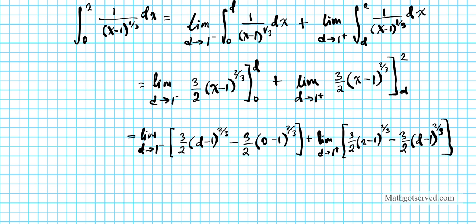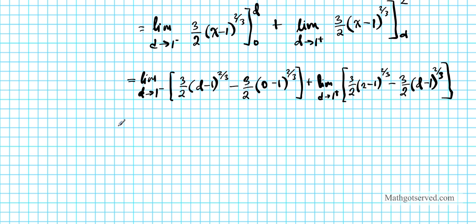All right, now let's go ahead and simplify a little bit, and then we're going to evaluate the limit, okay? So we have the limit as d approaches 1 from the left of 3 over 2 times d minus 1 to the 2/3 minus, 0 minus 1 is negative 1, right? So we have 3/2 times negative 1 to the 2/3.